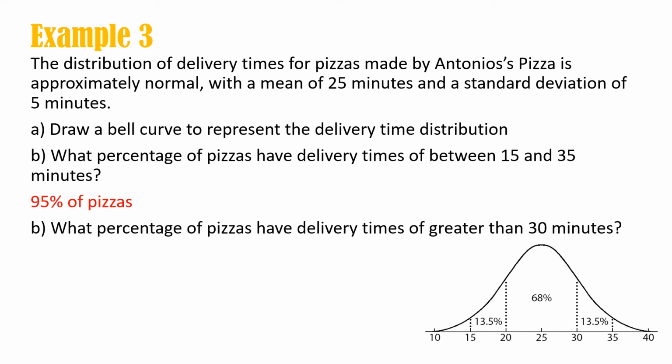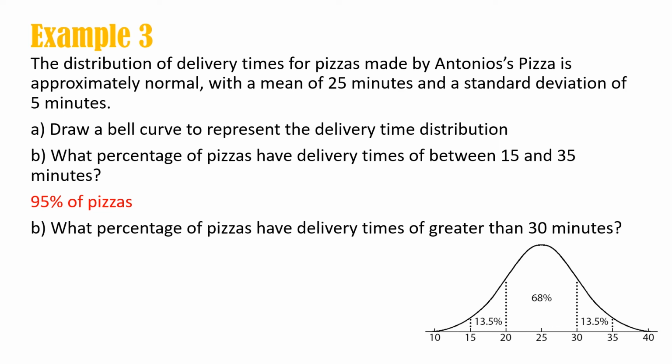What percentage of pizzas have delivery times greater than 30 minutes? So remembering that our distribution is nicely symmetrical, if I was to draw a line between 25 and 30, everything to the left of 25 is going to be 50%.